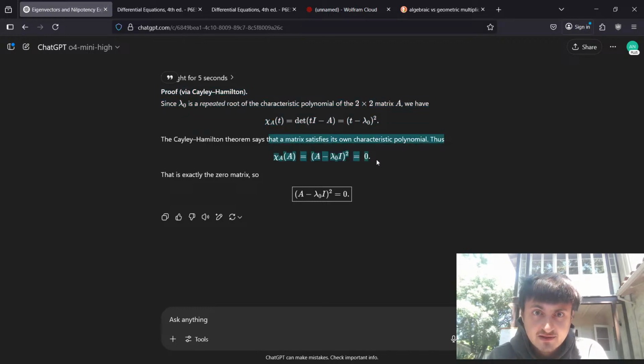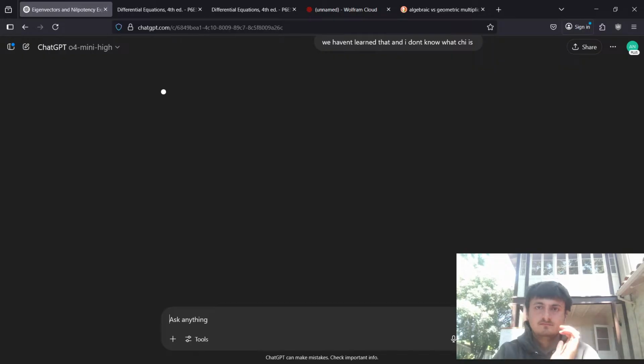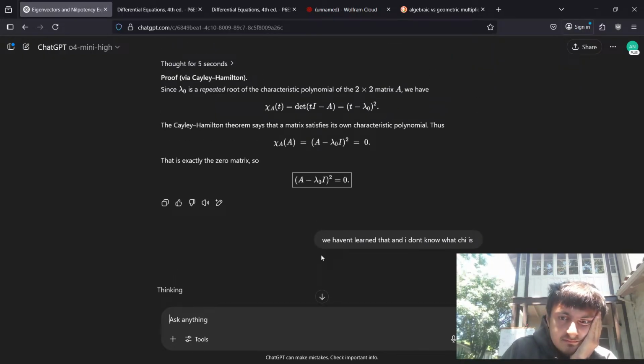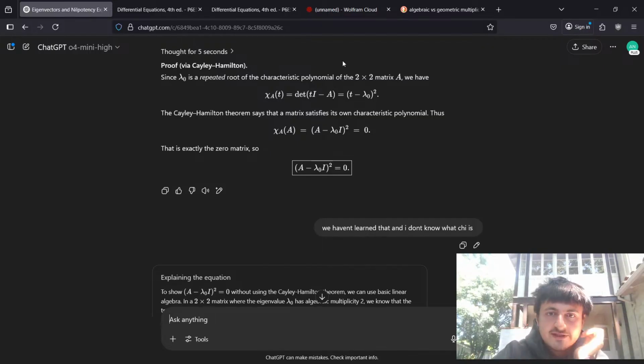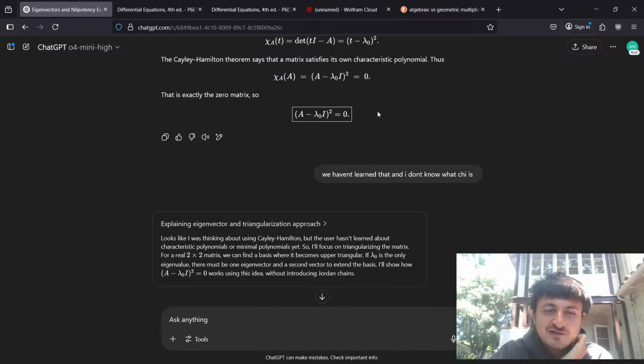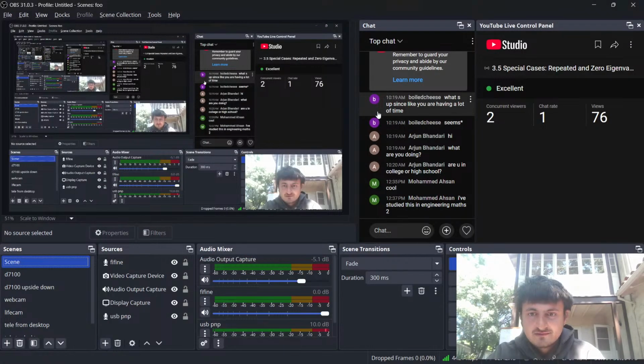Cayley-Hamilton theorem says that a matrix satisfies its own characteristic polynomial. But read this though. A matrix satisfies its own characteristic polynomial. Is that not trippy as hell? Nice.